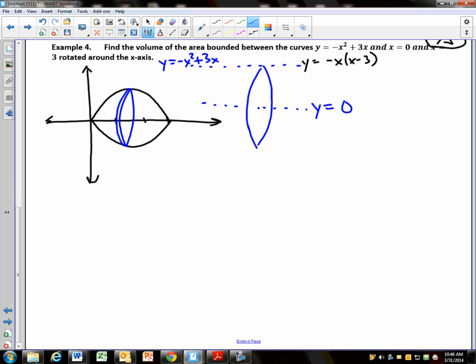So the distance between negative x squared plus 3x and y equals 0 is just whatever negative x squared plus 3x is. So area is equal to pi times your radius, negative x squared plus 3x. We're going to square that. And then we know that our width of this shape was our dx. So all parts of the integral are accounted for.